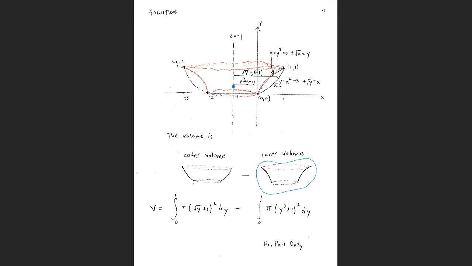And so the radius is going to go from x equals -1 to x equals y squared. Therefore, your radius is the difference of y squared minus -1. It's the difference in those x values. And so that's going to get you y squared plus 1.